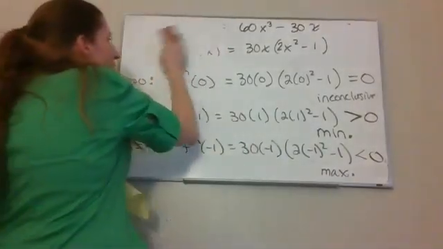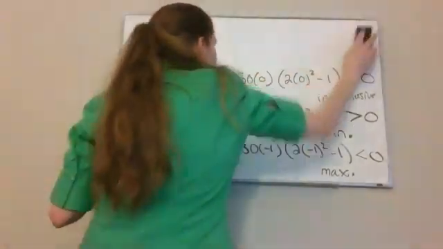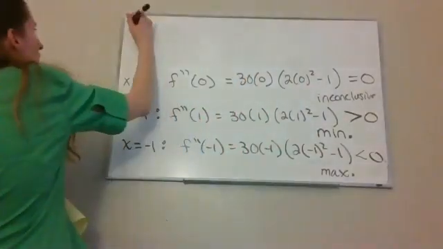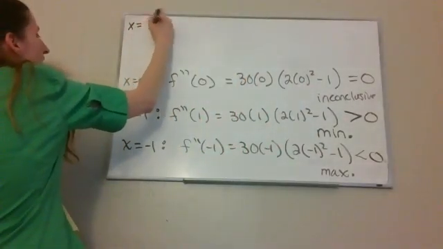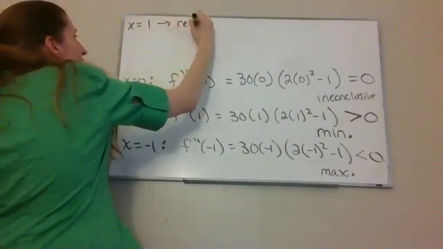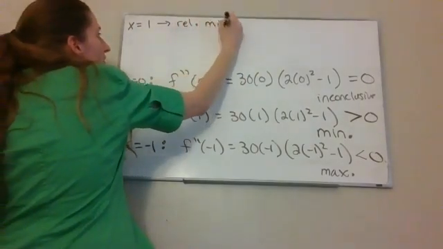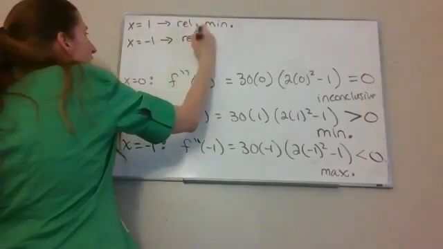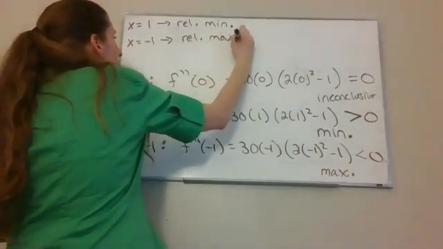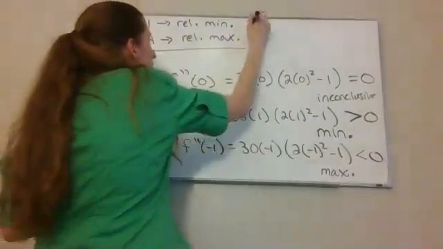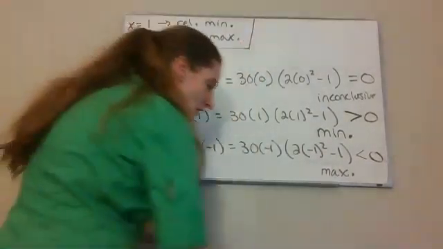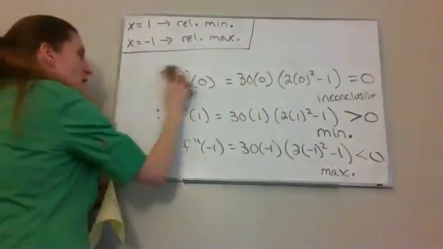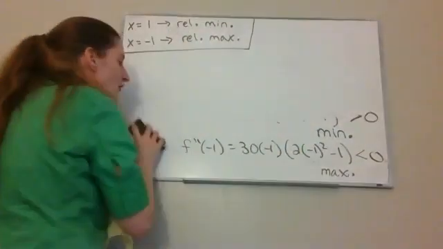So what I know so far is x equals 1 is a relative minimum, and x equals -1 was a relative maximum. And we don't know about 0. To figure out what 0 is, we're going to have to use that first derivative test.